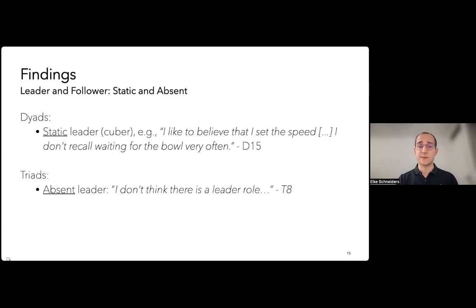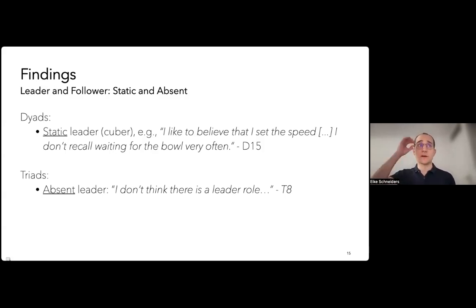This might simply be due to the presence of multiple collaborators, meaning it is harder to select who is setting the pace. Here, for instance, T8 very explicitly stated, "I don't think there is a leader role."